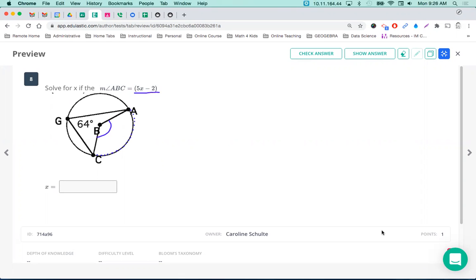I know that the inscribed angle AGC is 64. So to get the arc, I'm going to double that. So I know that that dotted arc AC is 128 degrees. So I can set 5x minus 2 equal to 128.